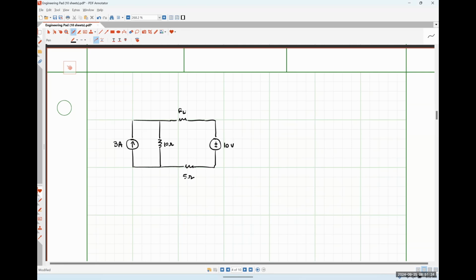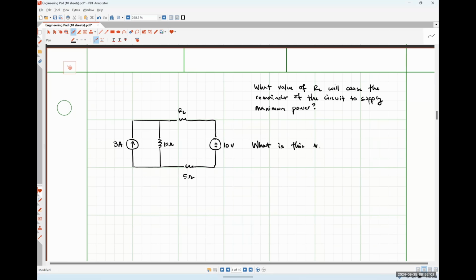And what I want to know for this particular circuit is what value of RL will cause the remainder of the circuit to supply maximum power, and then as a second part, what is this maximum power?